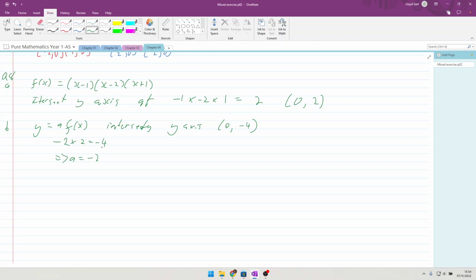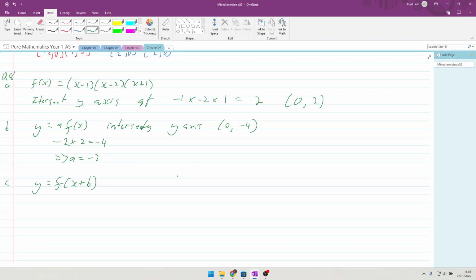Now then, what is left? C. The graph of... Okay, so C, after we were interrupted by Google there, f of x plus b, okay, passes through the origin, find 3 possible values of b. Okay, so it goes through the origin. So what do we have here?